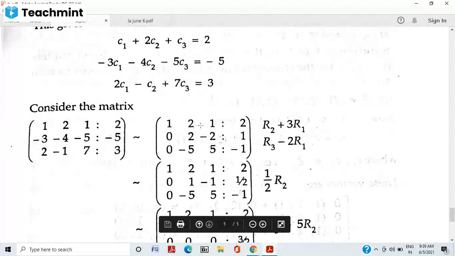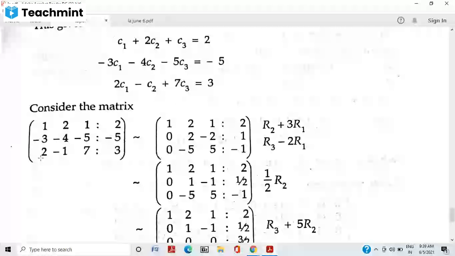First row, we have not changed that. Then next one, minus 3 plus 3, 0. Minus 4 plus 6, 2. Minus 5 plus 3, minus 2. Then next, minus 5 plus 6, 1. We got second row.